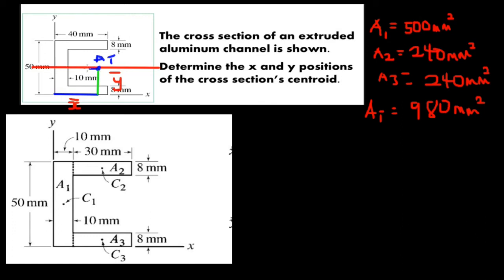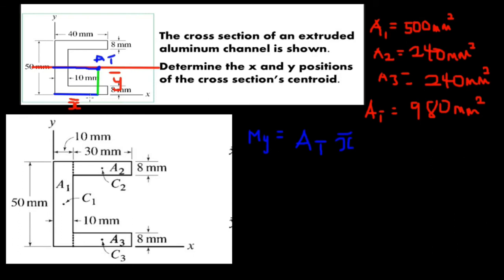I can trace this from here to here. So that will be the shortest distance from the total area to the y-axis, and that will be the perpendicular distance. So that will be x bar. So I'll say that the moment about the y-axis will be equal to A times x bar.